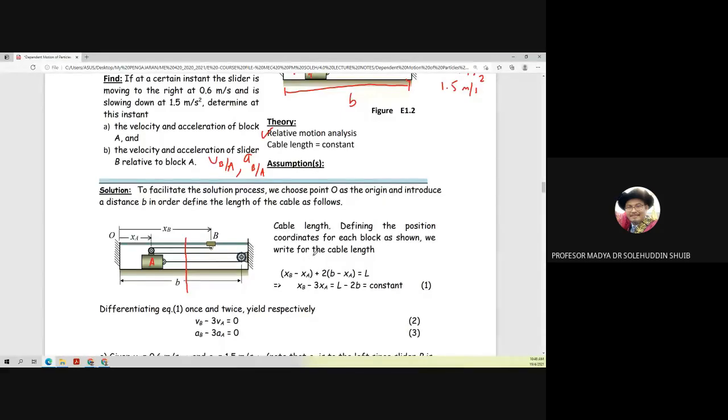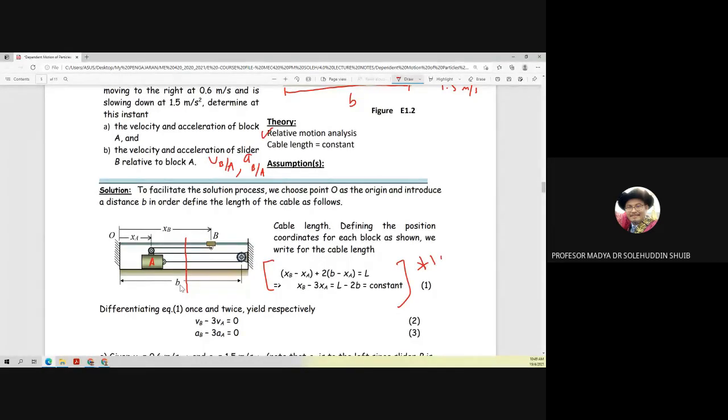So we define the position and write the cable length. This is very critical, as I mentioned. So we have XB minus XA, and then the one related to the block, which is 2, so 2 times b minus xa equal to L. Then you solve, so it's going to be XB minus 3XA equal to L minus 2b, equal to a constant.